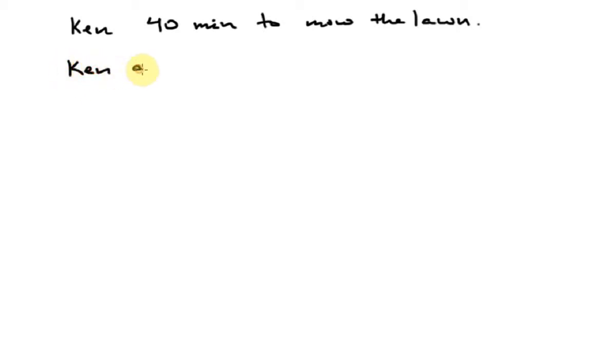So Ken and Joe both mowing wildly. Ken and Joe need 24 minutes to mow the same lawn. Okay. All right. So now the question is, how long for Joe to do it by himself?